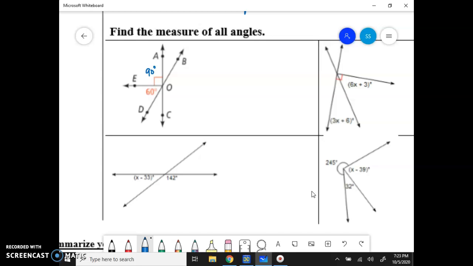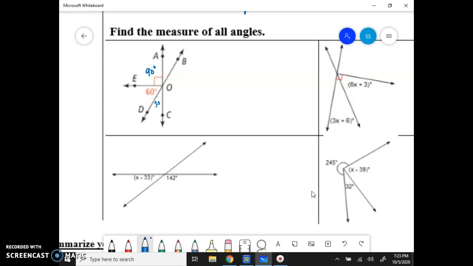If this is 90 degrees, then this side here has to be 90 degrees as well. And that's not assuming right angles. If this is 90 degrees and this is a straight line, this has to be 90 degrees. So if this part here is 60, then this part COD has to be 30 degrees.